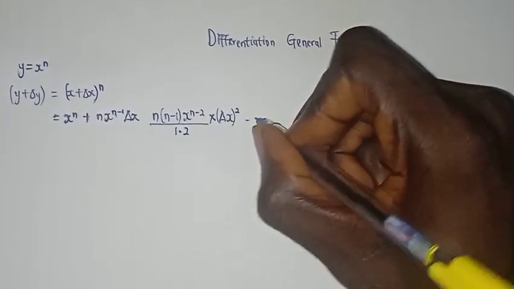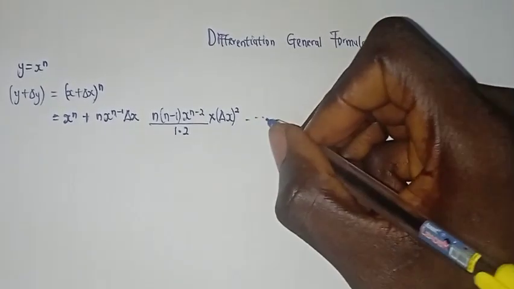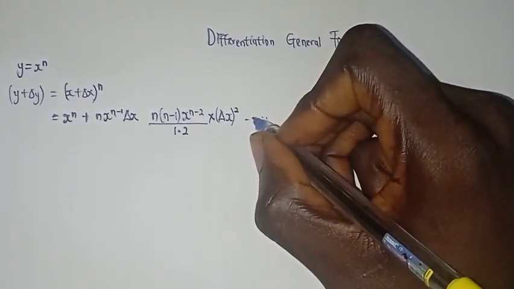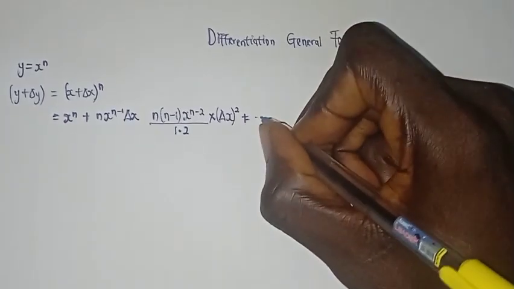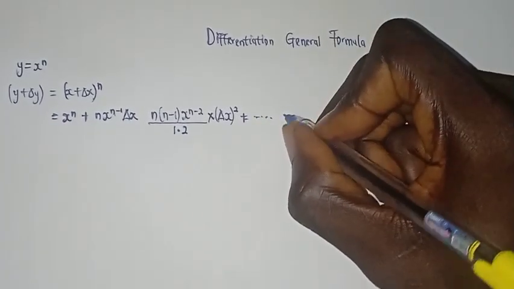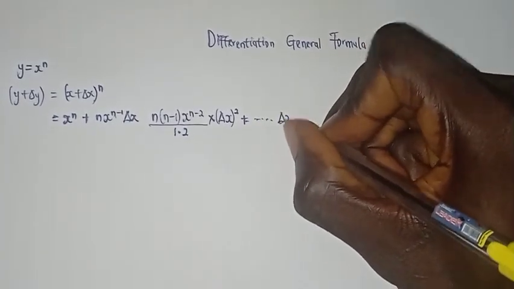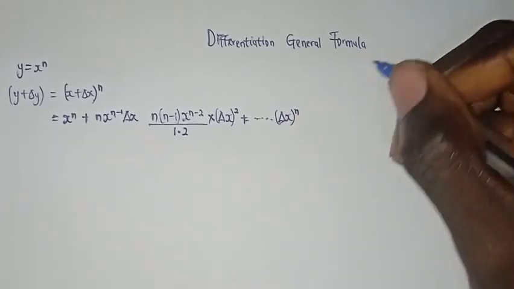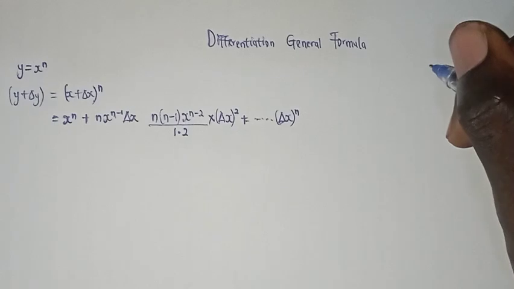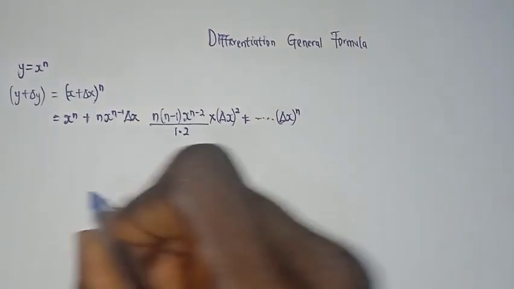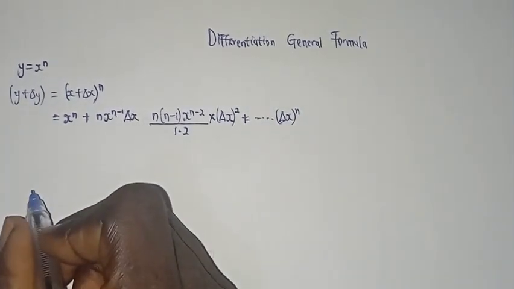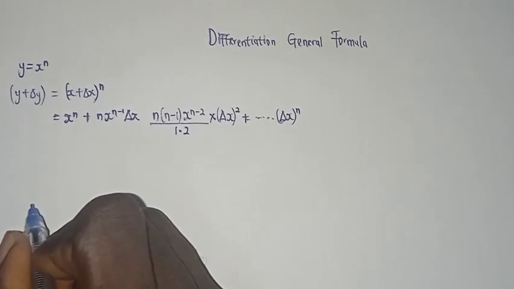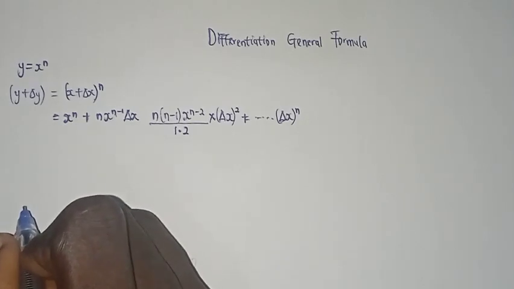And if we continue this expansion, this is from binomial expansion, by the way, we would arrive at delta x raised to the power of n as our last term, right? So now let's subtract y from both sides of the equation.